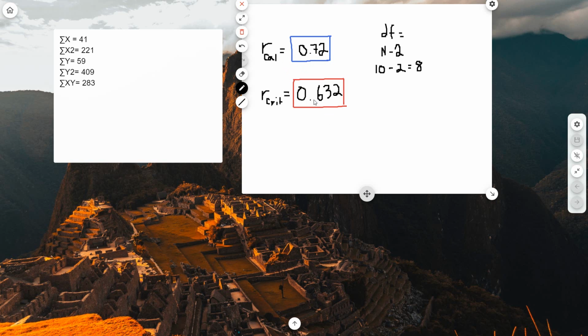We have a critical value of 0.632. We know that the 0.72 is stronger than the 0.632. So in this particular case, we are going to reject the null. We'll just say reject the null.